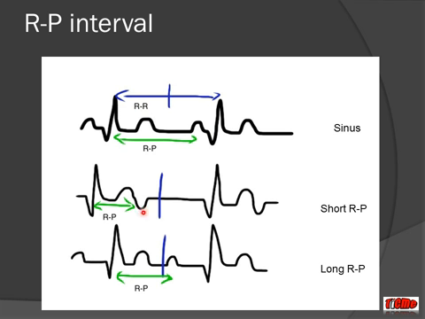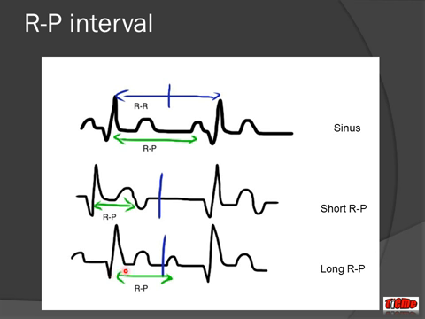So let's have a look. There's a P wave here. The RP distance is less than halfway, so this is called a short RP tachycardia. What this implies is that the signal to depolarize the atrium is coming from very close to the AV node or within the AV node, because the ventricle and the atria are being depolarized at almost the same time.